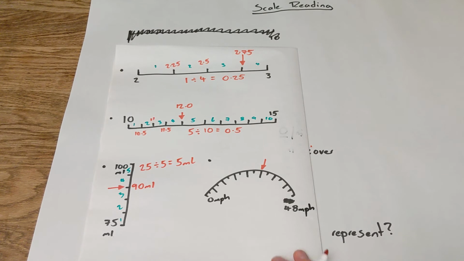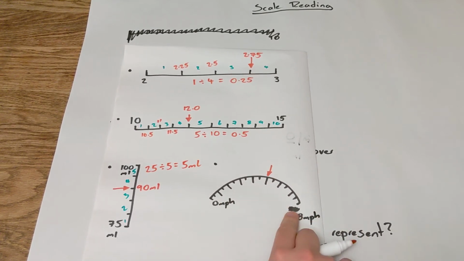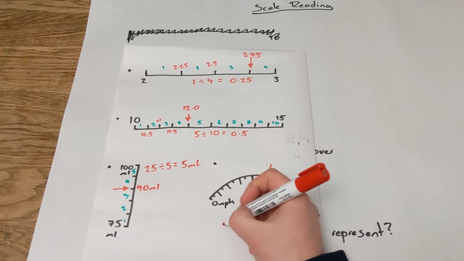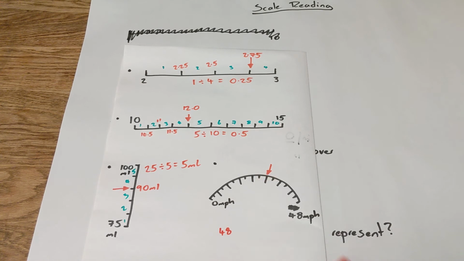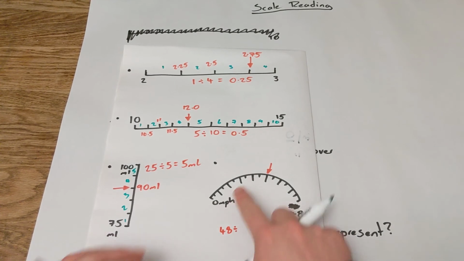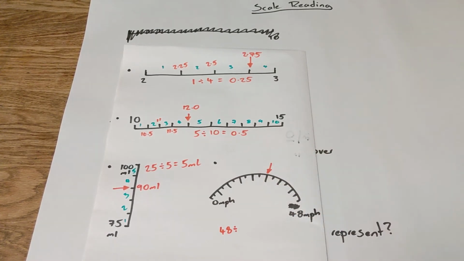So, again, our first number is how much it's covered. What's the difference between the start and the end? So it goes from 0 to 48. Well, that's nice and easy. The difference is 48 between them. And then we need to know how many divisions there are. I'm not going to write the numbers down this time because they won't fit, but I'll still mark it and keep a count.